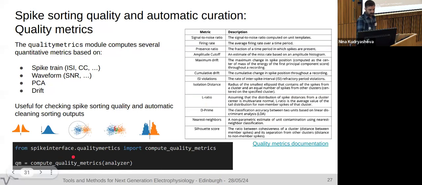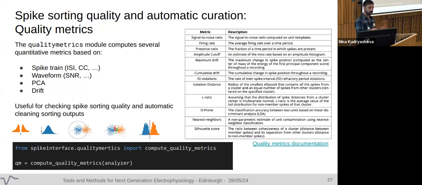This is just a shout out to the quality metrics module. In the quality metrics module, we have over 15 quality metrics that we can compute, and they give us numbers on the quality of spike sorting and of individual units. For example, as Pierre mentioned, we can compute the ISI violations ratio, which tells us if you have contamination in the spike trains. You can compute signal to noise ratio, amplitude cutoff, and these kinds of metrics to tell if a unit is complete.